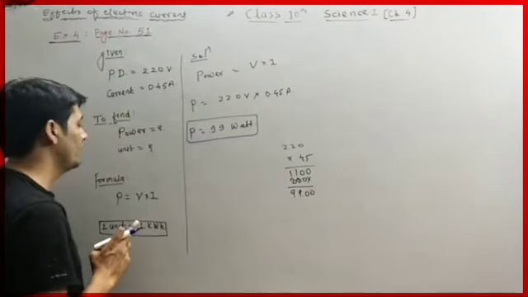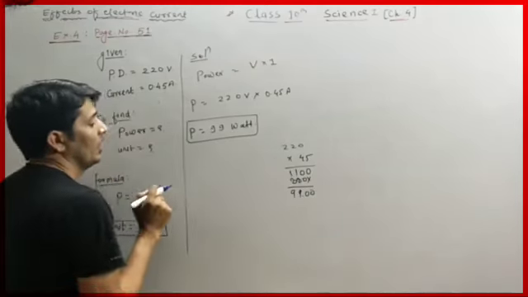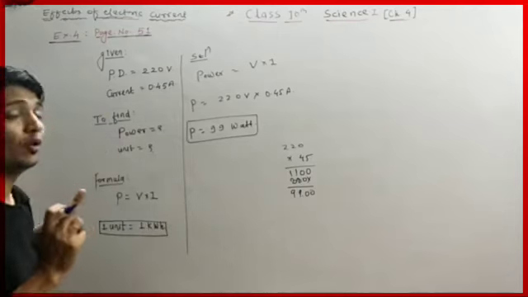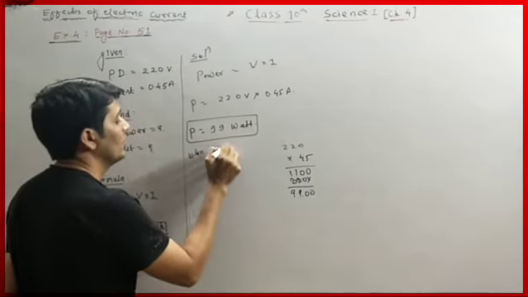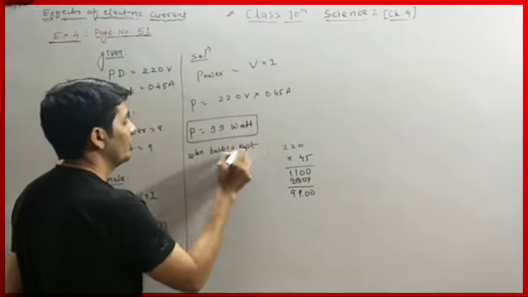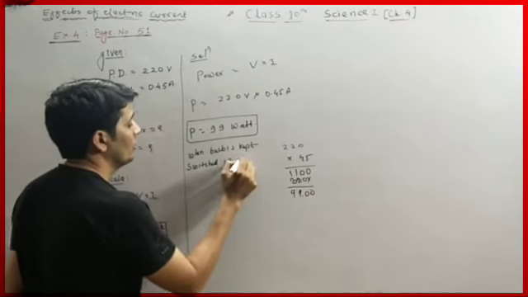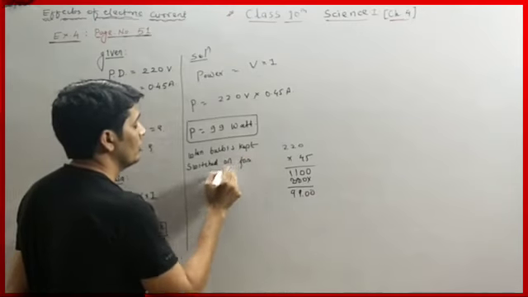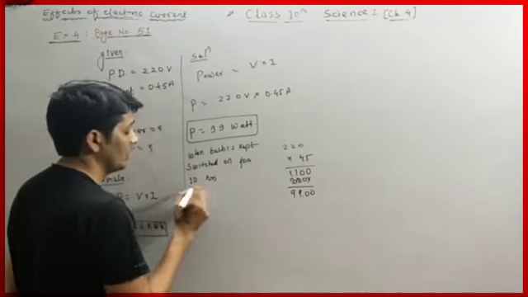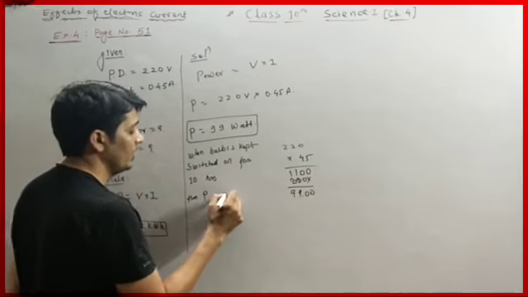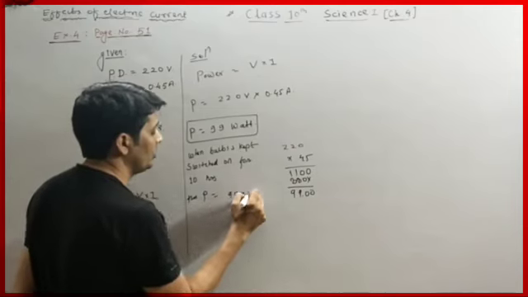Now we have to calculate the number of units. See, it is given in watt, and the bulb is kept on for 10 hours. So when the bulb is kept switched on for 10 hours, the power will become 99 into 10.